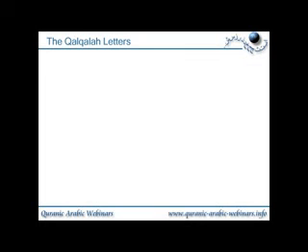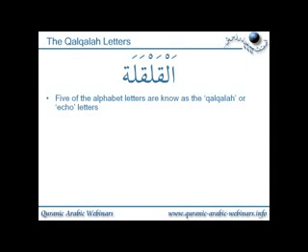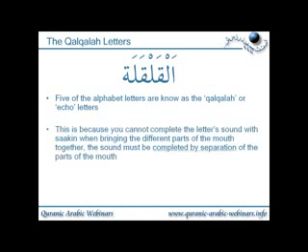Now the qalqalah letters, and this is it written in Arabic, so it's al, qalqalah, and the sukoon in this actual writing is the computer font, i.e. round circles. So 5 of the alphabet letters are known as the qalqalah letters, and in English we normally just call them the echo letters. And the reason they're called echo, so I'll just read this out, is because you cannot complete the letter's sound with sakin when bringing the different parts of the mouth together.